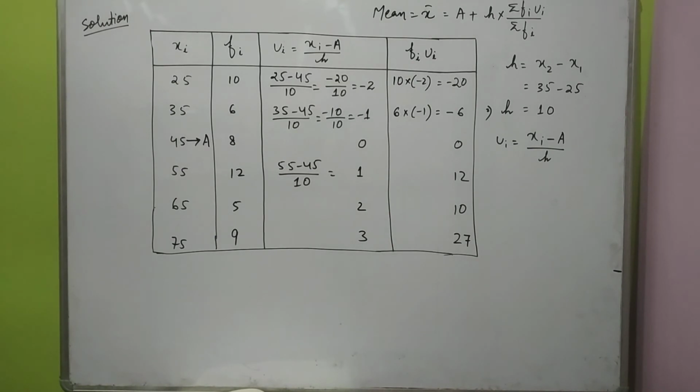Now we have to find the summation of fi ui and the summation of fi. In the fi column we add all the frequencies: 10 plus 6 plus 8 plus 12 plus 5 plus 9, and we get sigma fi as 50.